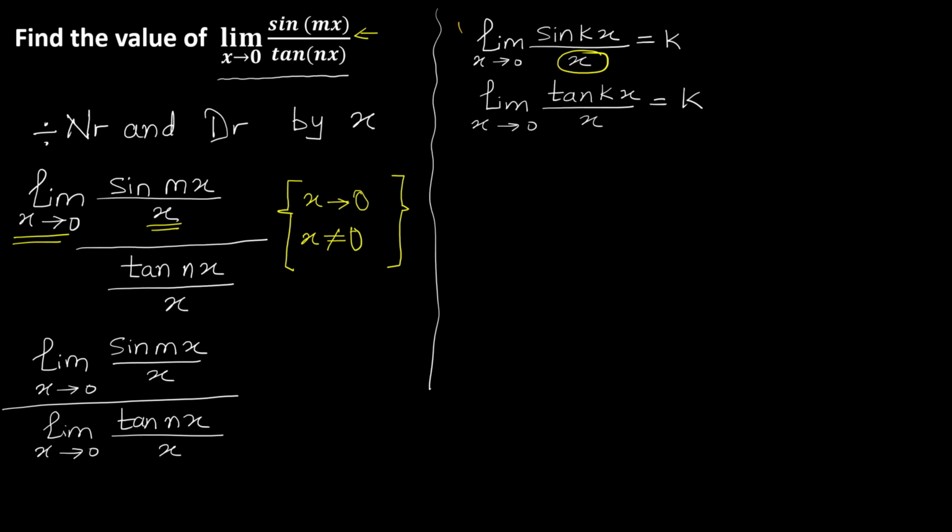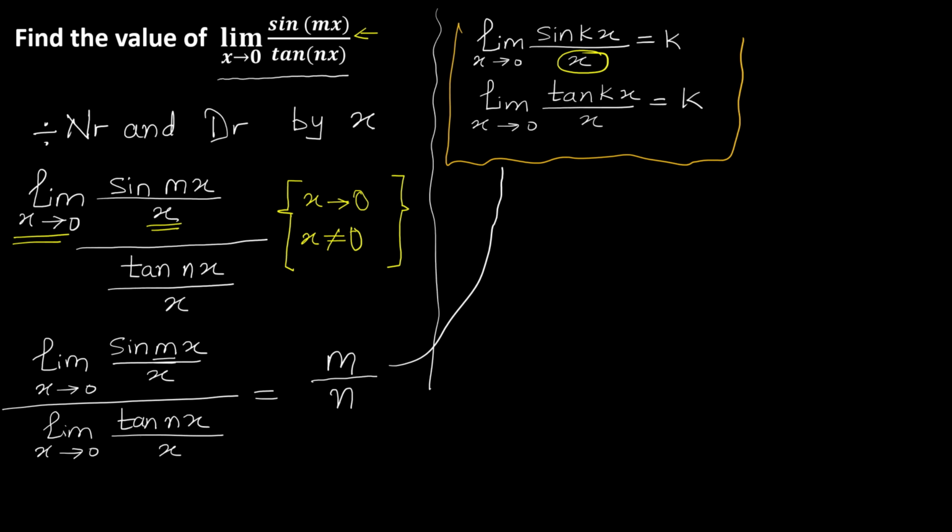Using these results, the numerator will become m, since this is like sine kx divided by x and k is nothing but m here, and the denominator will become n.